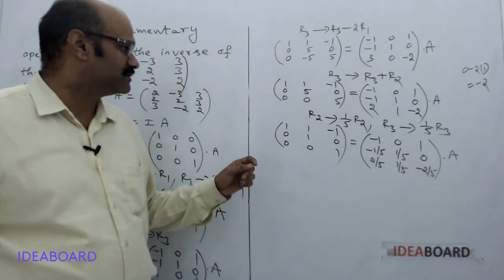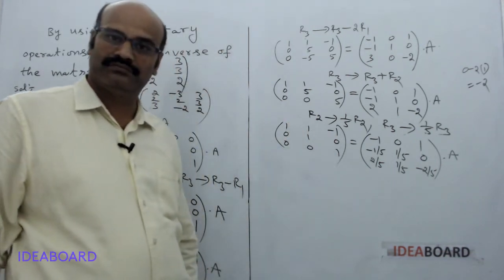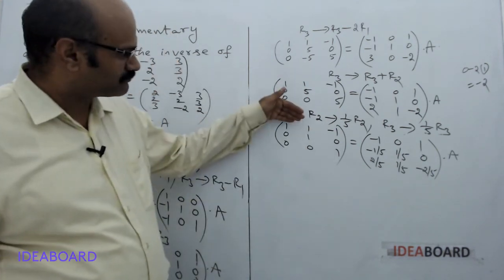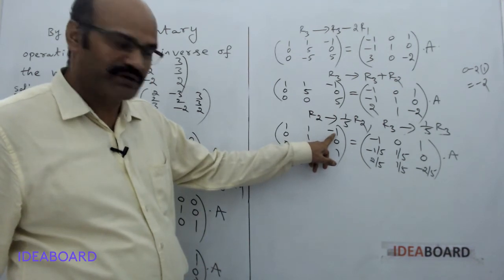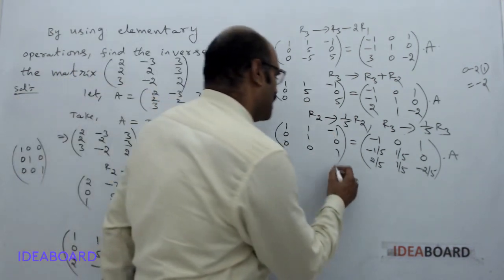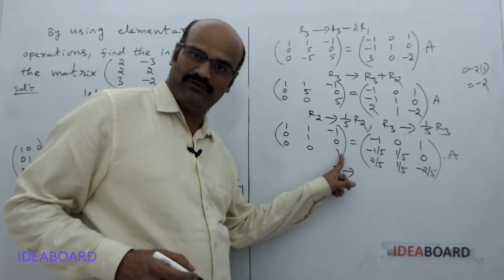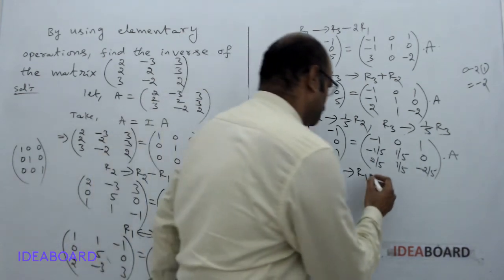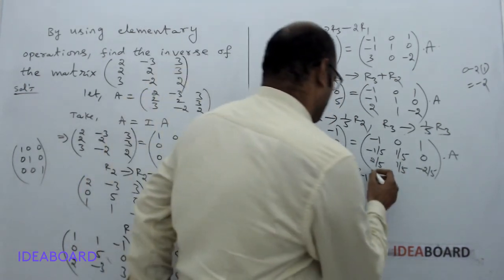Now it implies 1, 0, 0 we should get. So for that we should take it as, here we should get 0. So to get 0, you take it as R1 implies, we know that minus 1 plus 1 equal to 0. So take it as R1 implies R1 plus R3.